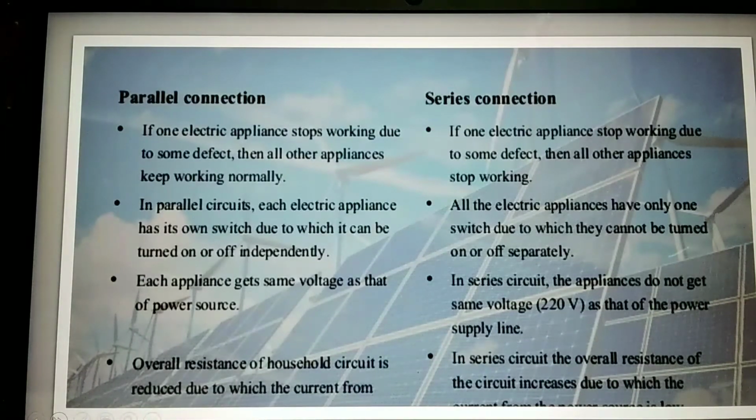Whereas in series connection, when one electrical appliance stops working due to some defect, then all other appliances stop working.